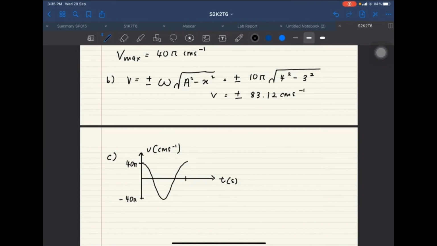Period ni dia tak suruh cari so far, so kamu kena cari lah sekarang ni. Macam mana nak cari period? So the T is equals to 2 pi divided by 10 pi, which is 0.2. Okay, boleh ikut ke tak?